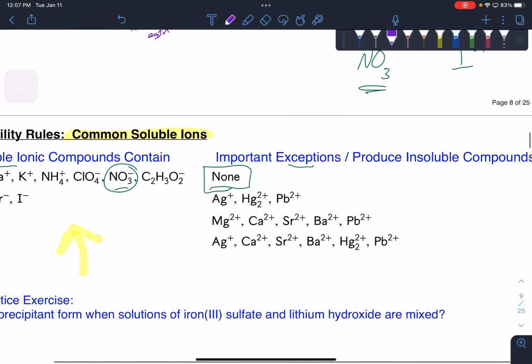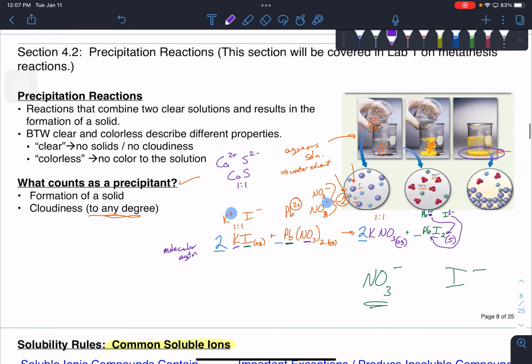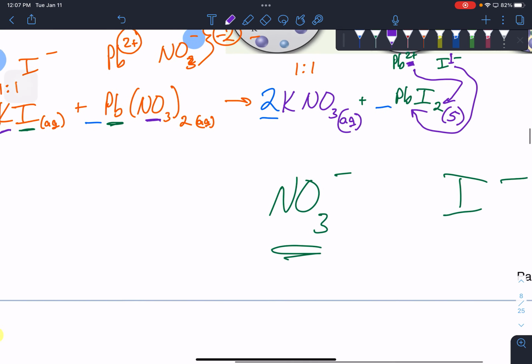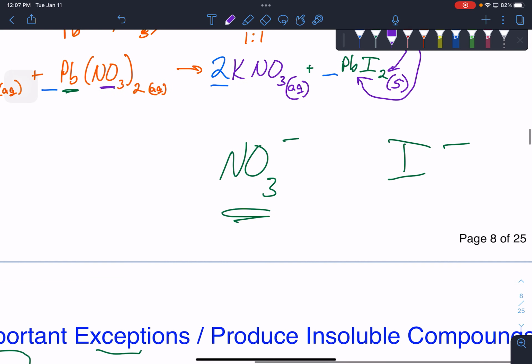Yep. So now imagine I don't have the observation, and all I have is this equation. And I want to figure out, does a solid form? And if so, which one? In that case, I can't stop at just nitrate. Then I have to dig into the iodide as well.